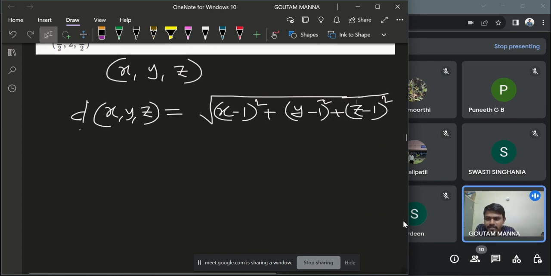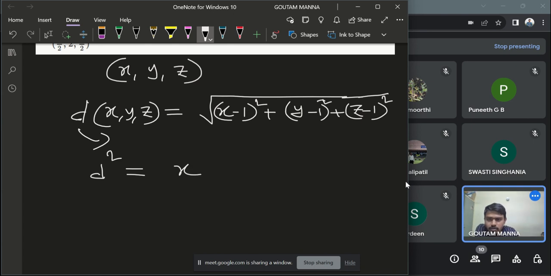Now minimizing d is the same as minimizing d square. Why are we doing d square? Because there is a root, and if you do derivatives and all, it will be complicated. So instead of minimizing d, we will minimize d square, because d is anyway a positive quantity.